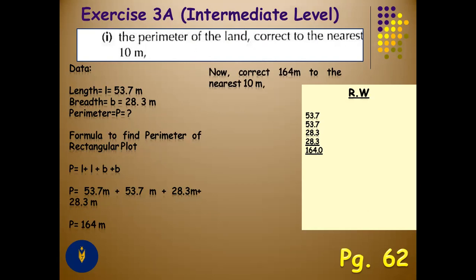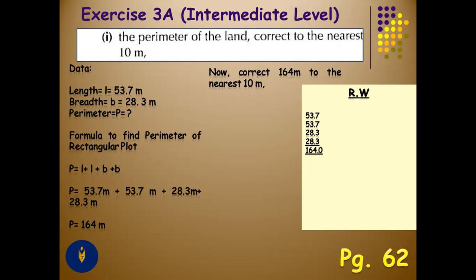You may use any one method, either with the help of a number line, or by using units, 10, 100, then underlining any digit and circling any digit. I will use both methods for you. So 164 to the nearest 10 meter.